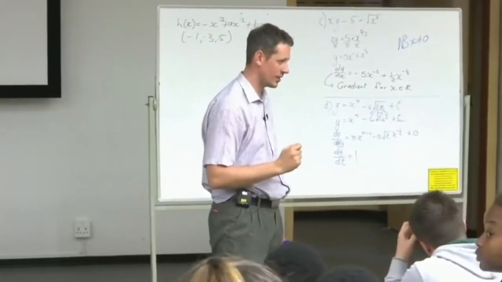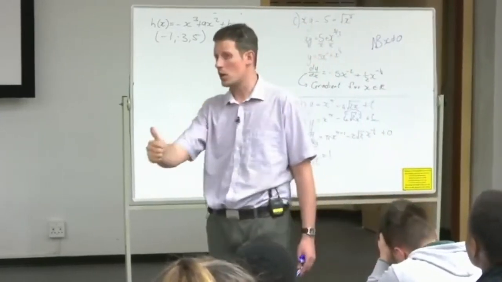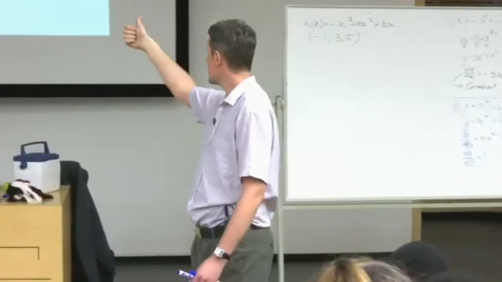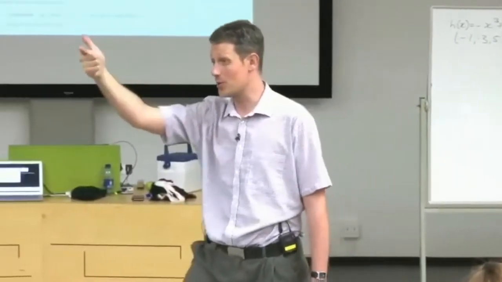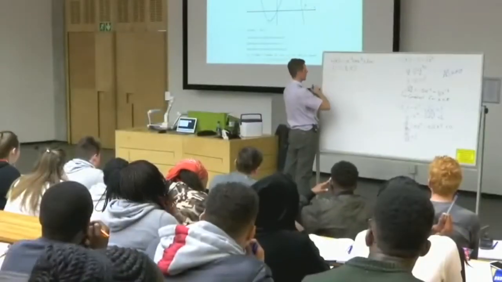Why can I do that? Because I not only know that it lies on h of x, I also know it is a turning point. I know two things. So I'm going to solve this by looking only at this coordinate.